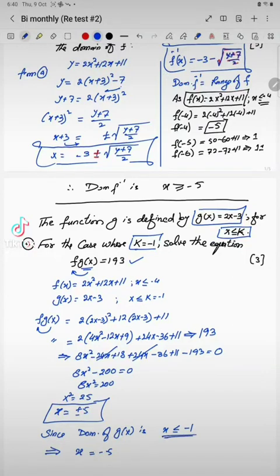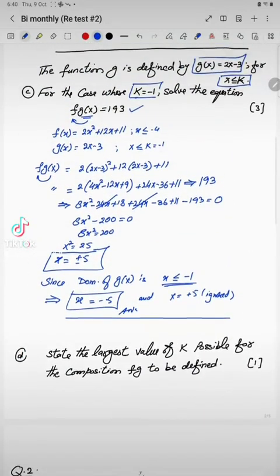So x is minus 5 is the final answer, and x equal to plus 5 will be ignored. So the answer is x equals minus 5.